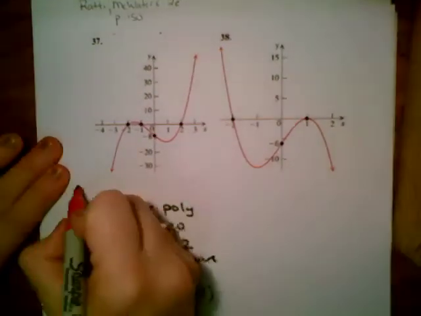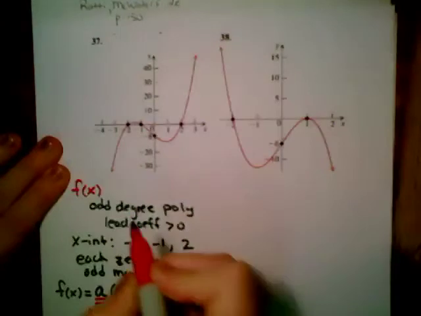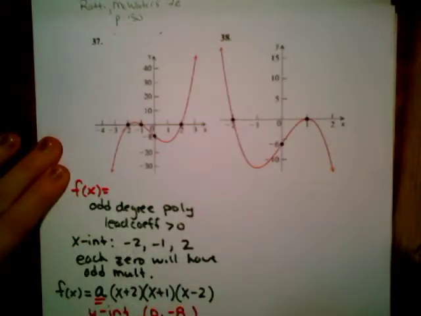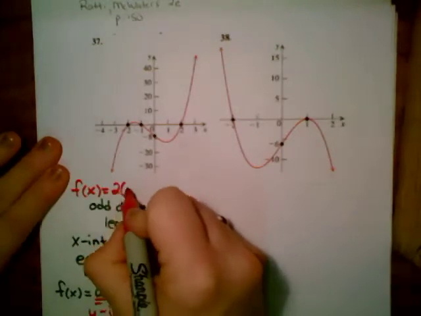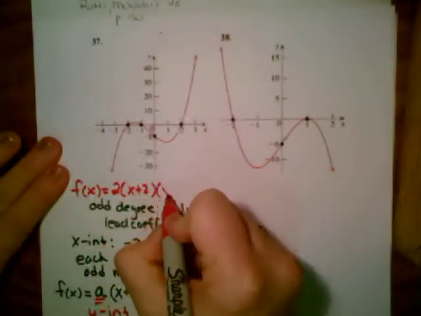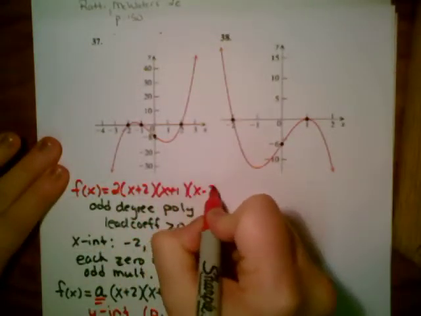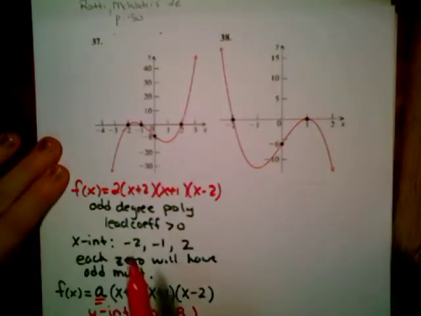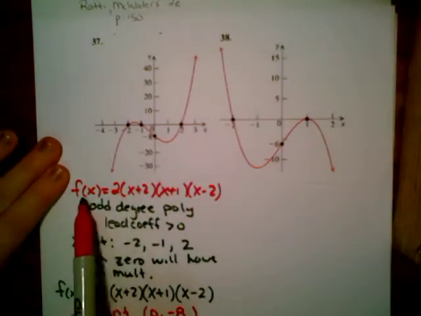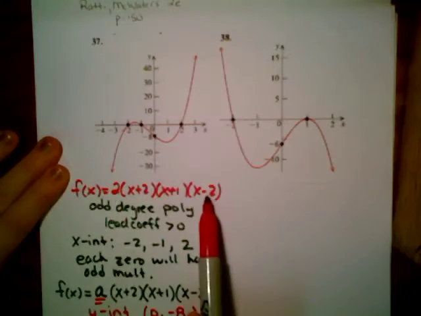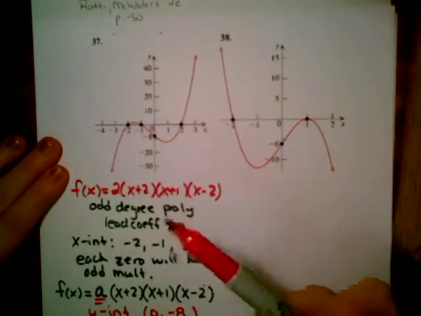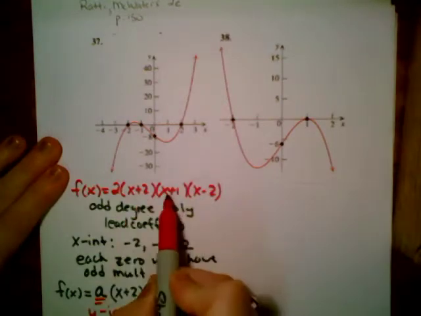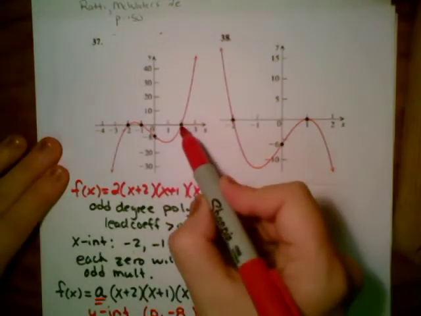Okay, so our complete answer, using these calculations, the curve for 37 should be generated with the function 2 times x plus 2 times x plus 1 times x minus 2. And maybe we could stop the video here and type this into y1 in our technology and just double check. We do know that -2, -1, and 2 are going to be the intercepts.